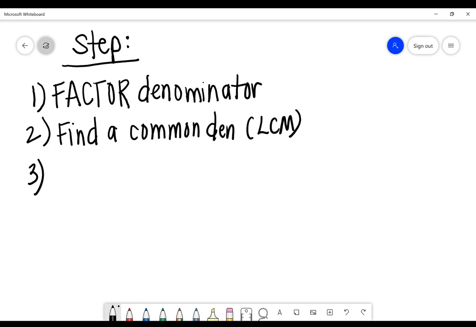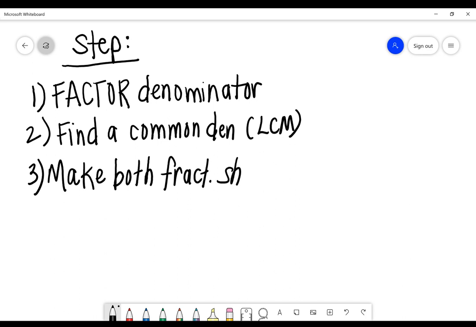And that's where, if one fraction has a factor and the other one doesn't, then we have to multiply the other fraction's numerator and denominator. So we want to make both fractions have the common denominator by multiplying.